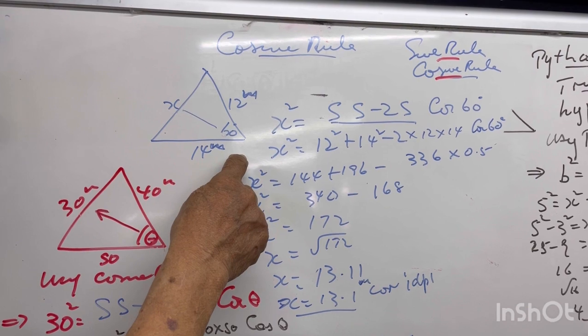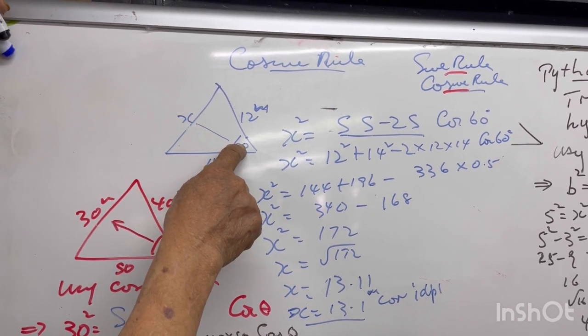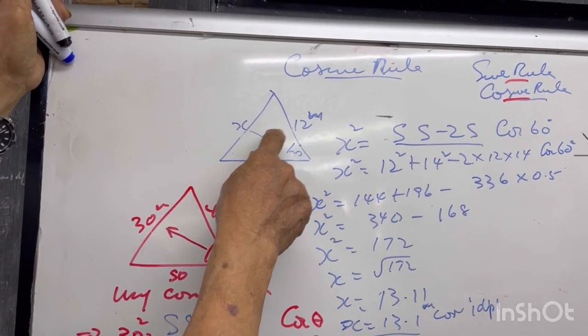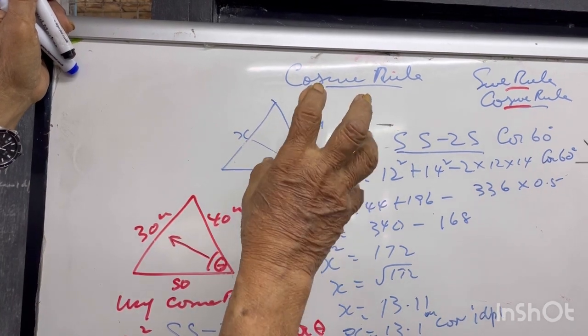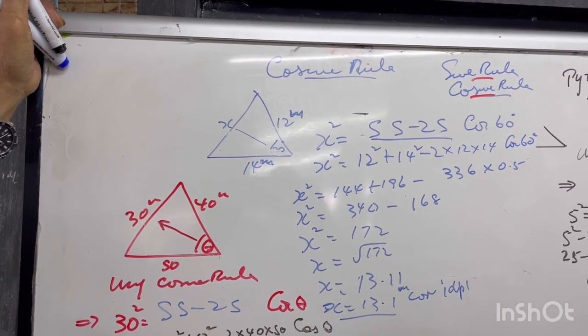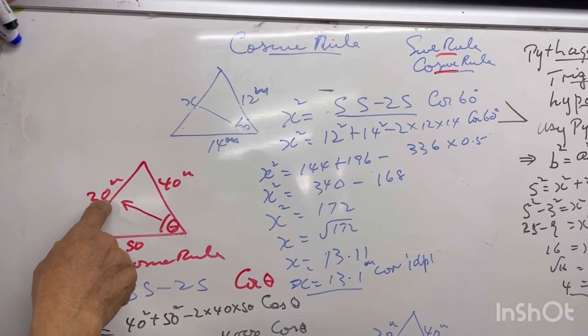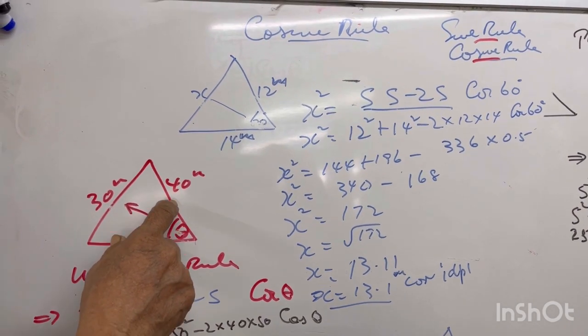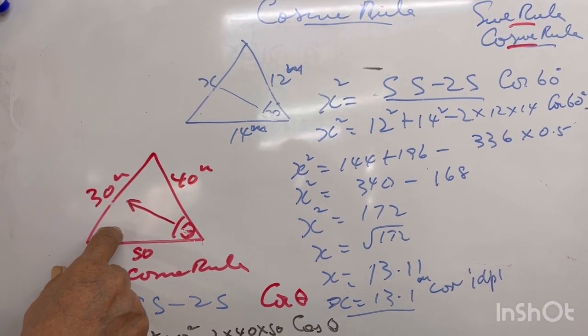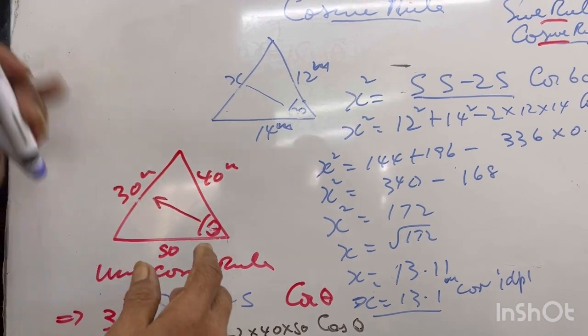In this example here, we have a side and angle, that's one pair. Side, no angle, side, no angle, I'll have to use the cosine rule.